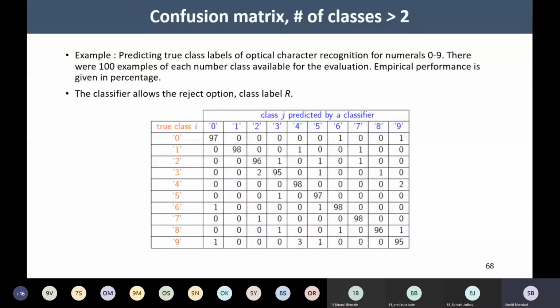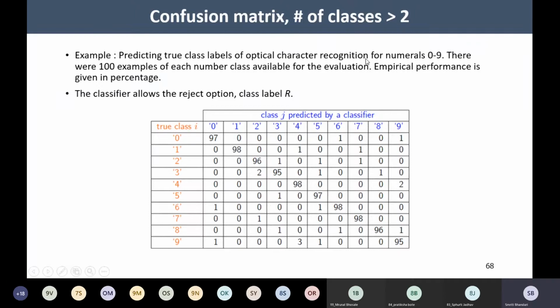So if you look at the screen, we are having one example. What we are having here is, we want to recognize the numbers, digits 0, 1, 2, 3, 4 and so on, right? So this is a problem of optical character recognition.